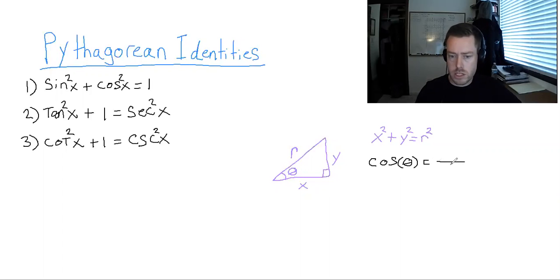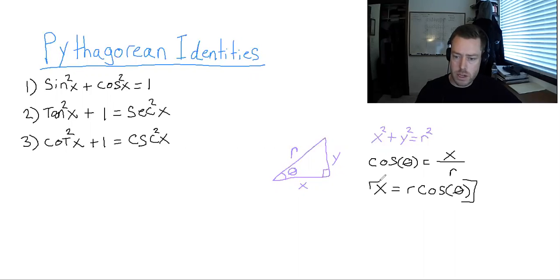The adjacent side in this case happens to be x, so we put x over the hypotenuse, which is r. Let's solve for x. x is equal to r cosine of theta. Cool. Keep that in a box here for a second.